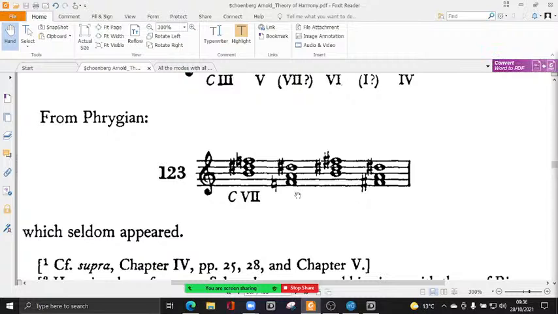If I resolve the second chord into the E, now we have the B, F sharp, and F sharp. So B major.